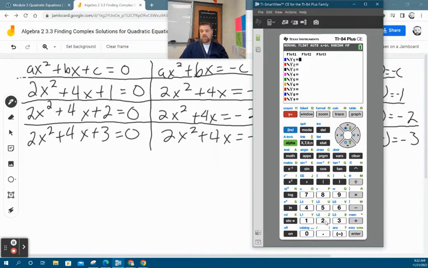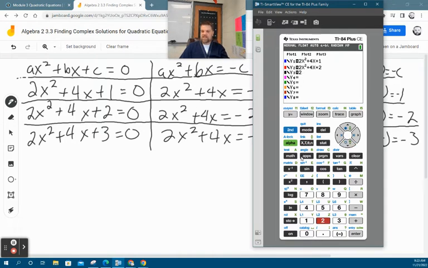So the first one I'm going to do is I'm going to say 2x squared plus 4x plus 1. Then for the next line, I'm going to put 2x squared plus 4x plus 2.